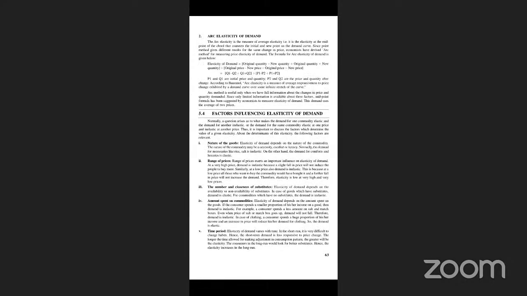Now, if you look at the screen, P1, Q1 are the initial prices. That is the basic price. P2, Q2 are the prices which are observed after the change is observed in the quantity demanded because of the change in the prices.